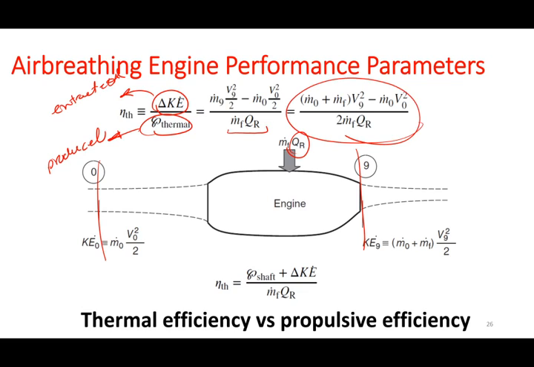You have to keep in mind that the energy that is not transformed to kinetic energy, we are essentially wasting it. Whatever energy is generated inside the combustor that is not transformed to kinetic energy is going to be wasted through the exhaust.